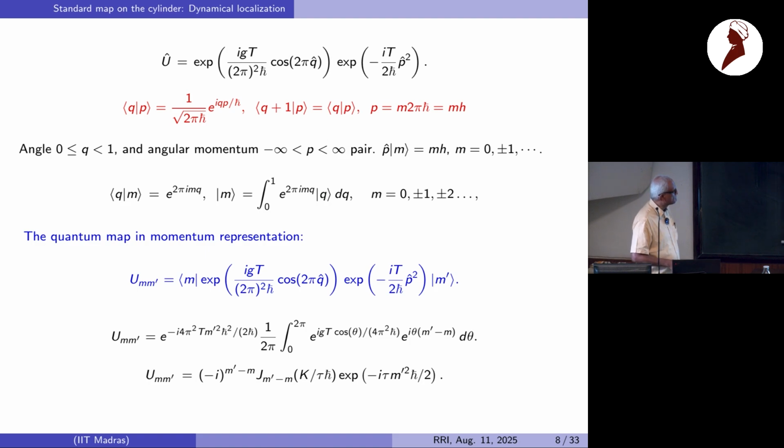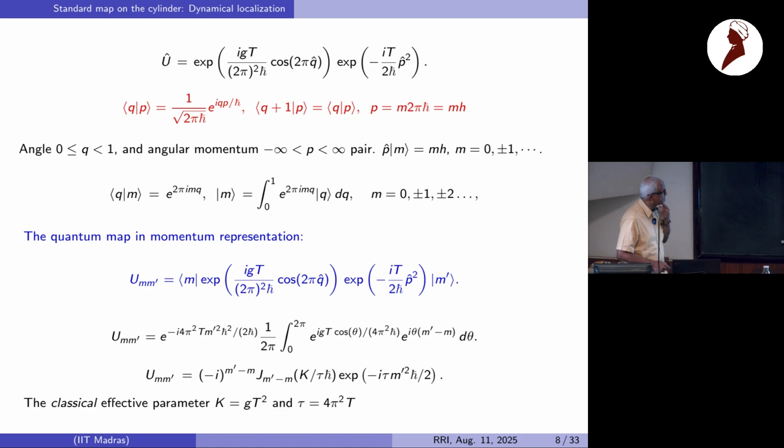This is coming from the kinetic energy, m prime squared, and this is coming from the potential energy. It's a Bessel function of order m prime minus n, and the argument is k, which is the kicking strength. Now this is the classical kicking strength parameter divided by tau h bar. What is tau? Tau is related to the time between the kicks.